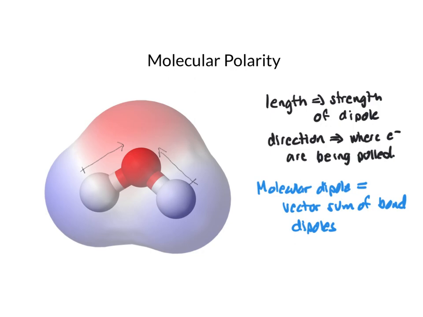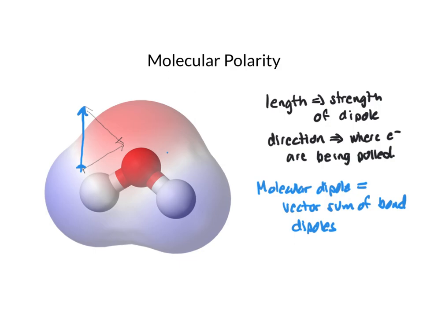If you have drawn the dipoles for each of the bonds, take one of those dipole moments and move its tail over to the head of the other dipole moment, and then draw a dipole from the tail to the head of the other one. You will get the addition of those two dipole moments.